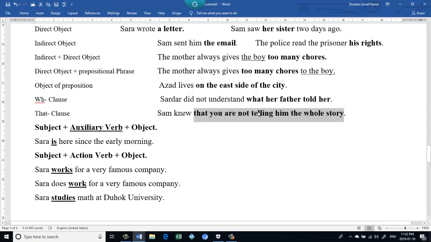This whole clause acts as the object for Sam. Same thing here if we look back at the sentence: Sam is the subject, knew is the verb, that you are not telling him the whole story is the object for the sentence.